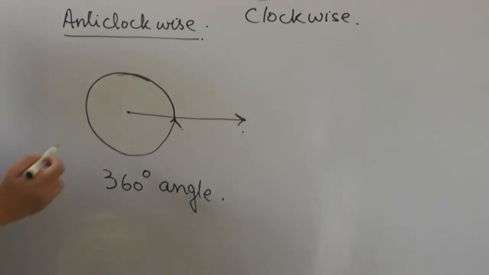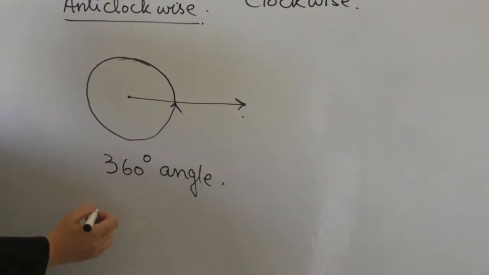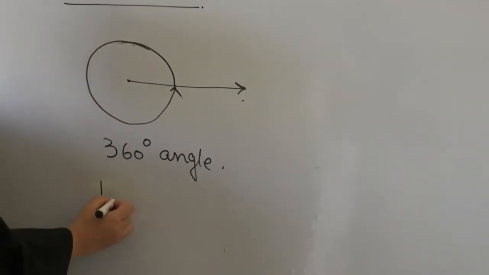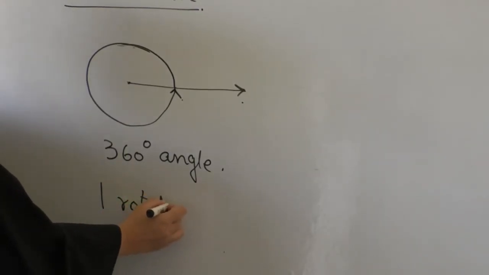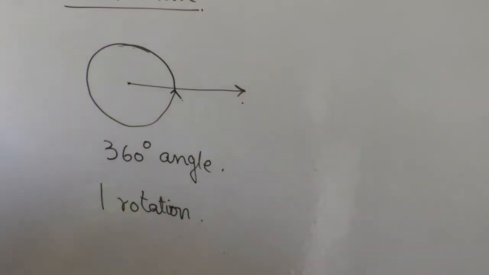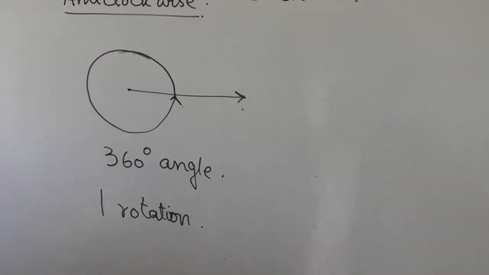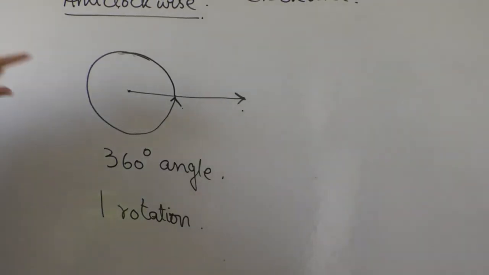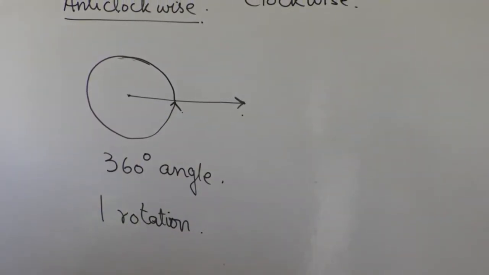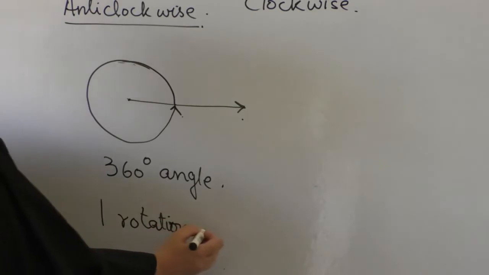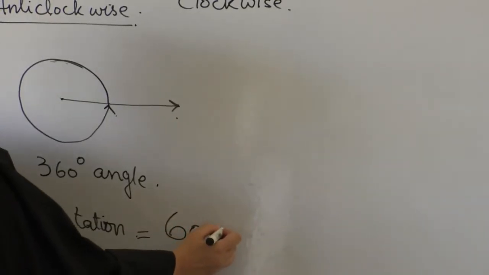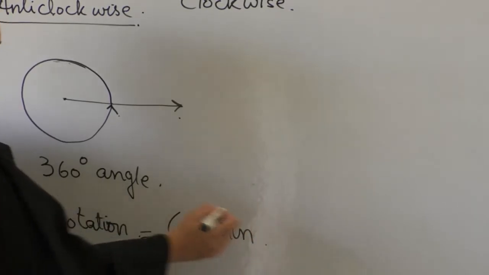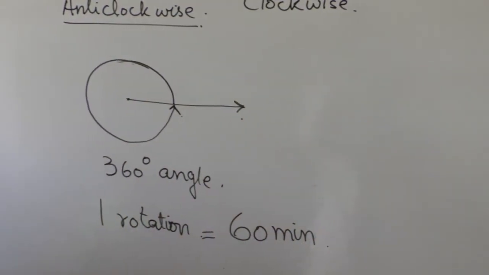So, if there are 360-degree angles, so here it is one rotation. As we use anti-clockwise, if you look at this circle, there are 60 minutes in one rotation.